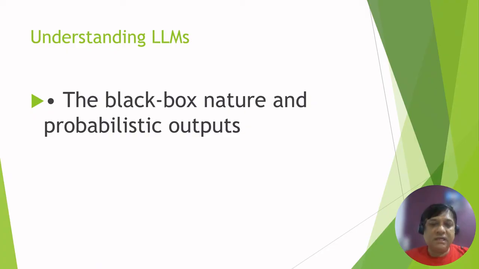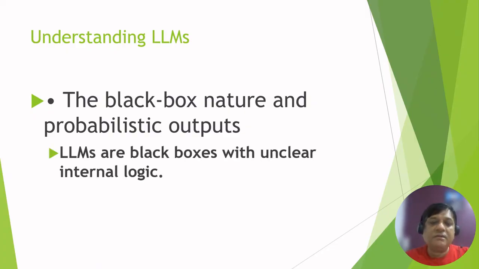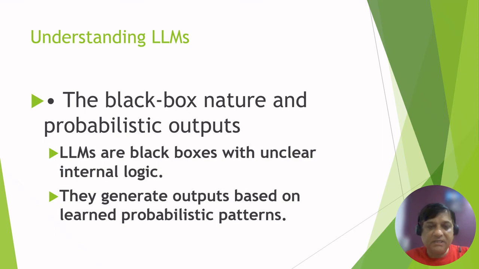Whatever is there is already there, and we can't change anything. These are black boxes, and we are not clear about the internal logic that they use, and they generate outputs based on learned, already pre-trained probabilistic patterns. So this is the drawback of using LLMs, that we can't do anything. Whatever output we get, we get.